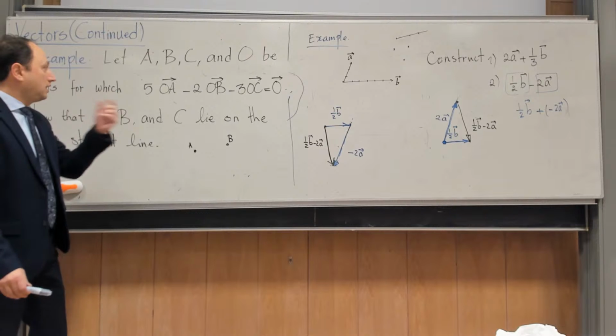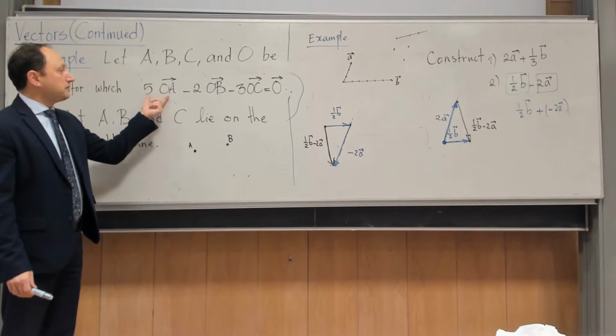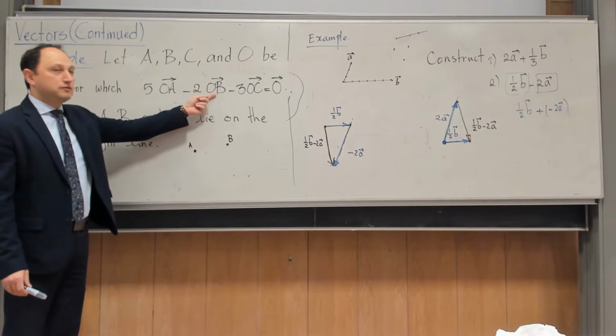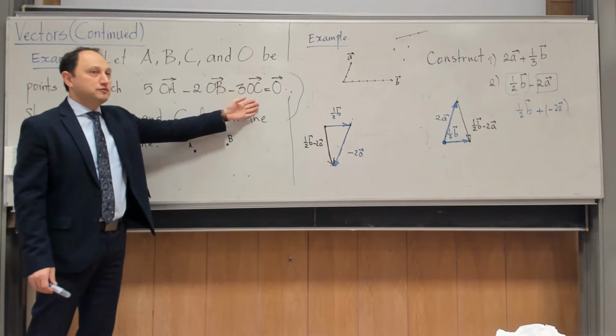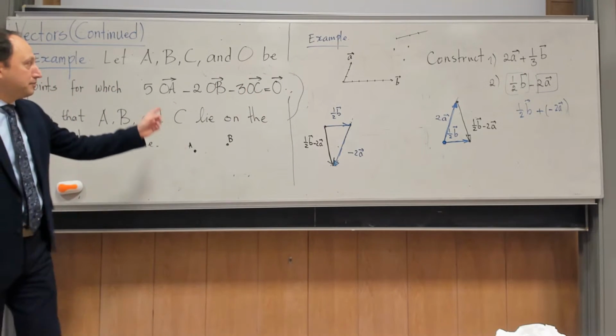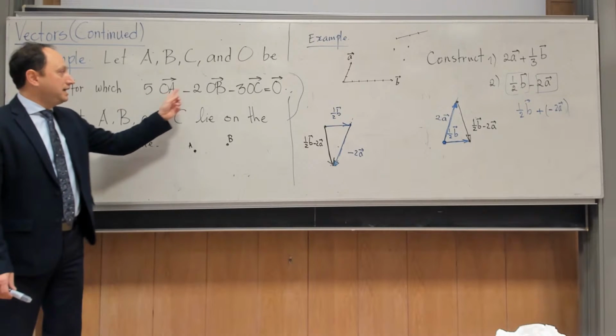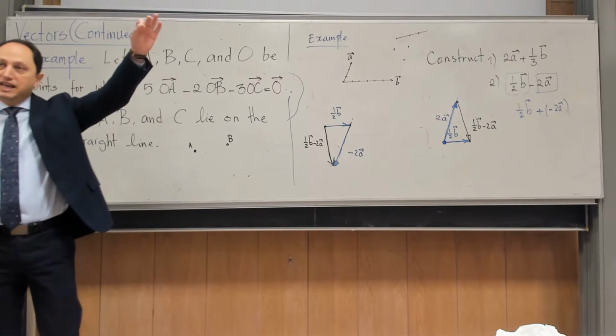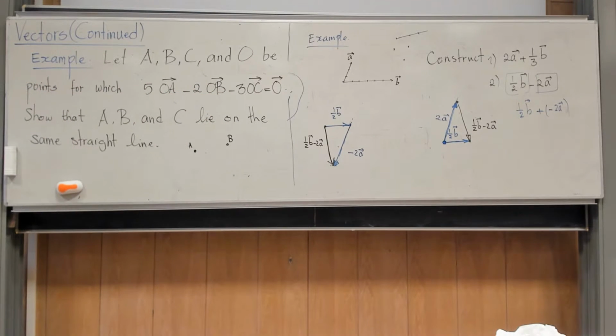I know that 5 times this vector minus 2 times that vector minus 3 times that vector is suddenly equal to 0. I want to claim that if this happens, then A, B, and C lie on the same line. It's not that trivial.